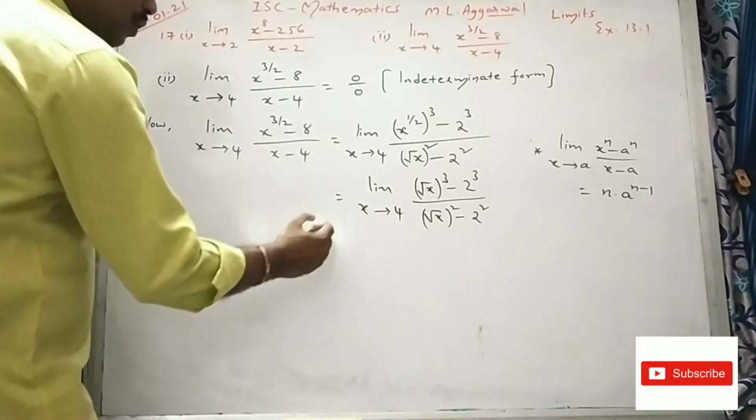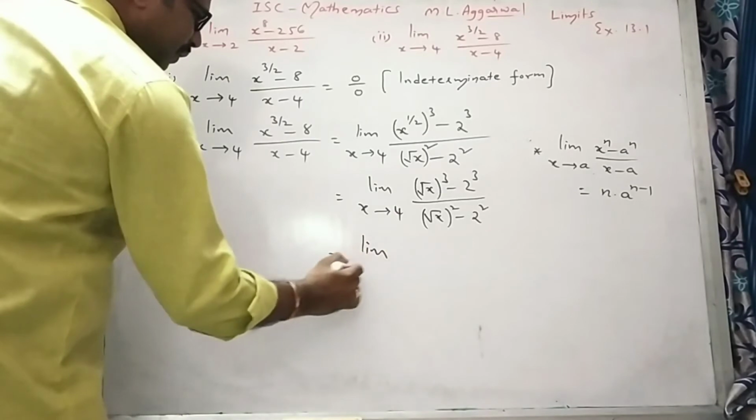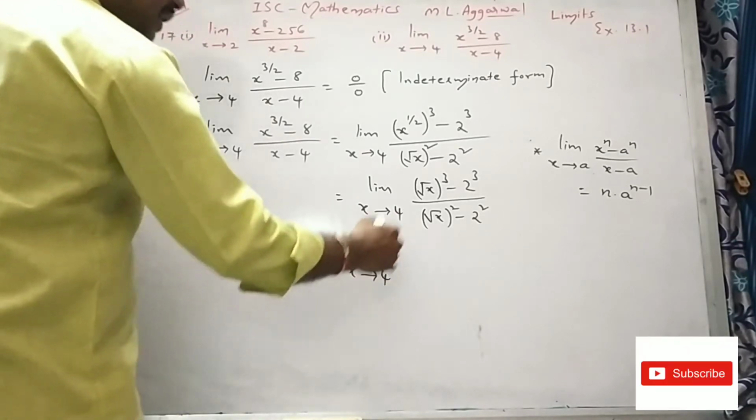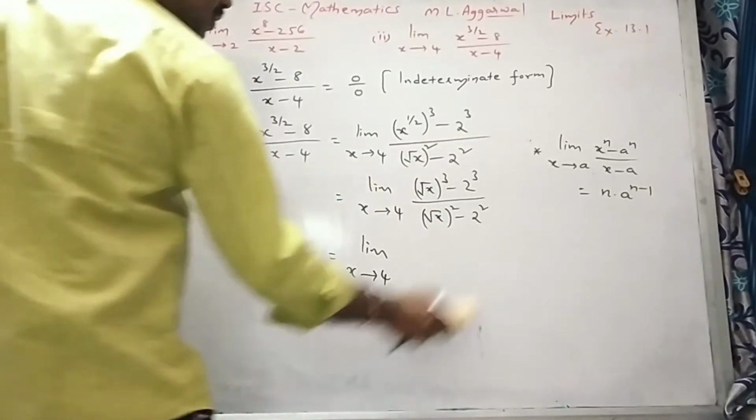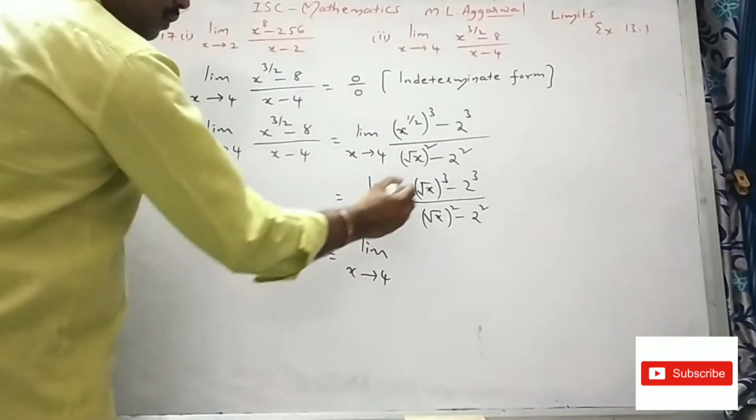Then I'll do one thing here. Instead of applying, it is not in that standard form, I think so, right? So I'm not going to take that form. I'll do one thing here.